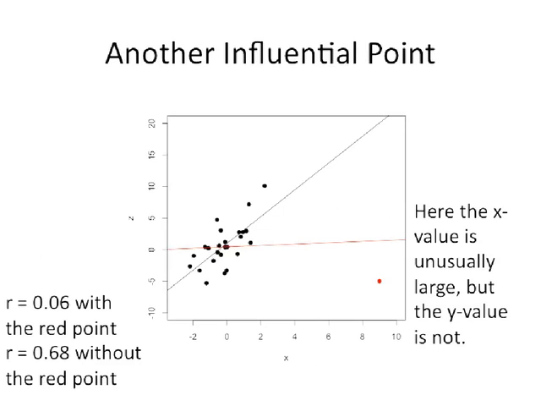Here's another kind of influential point. In this case, with the red point, which is over here. So before we even compare the correlations, notice that the red point has an x-coordinate and a y-coordinate. In terms of the x-coordinate, is it a large observation?